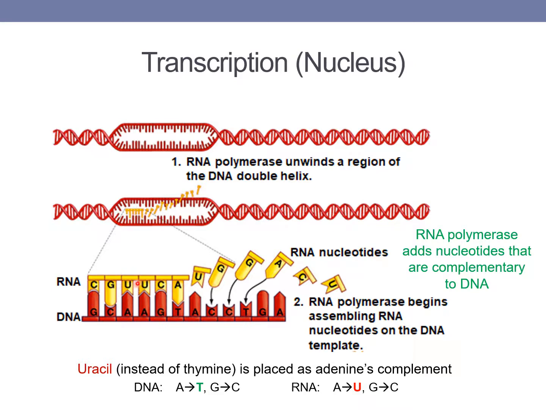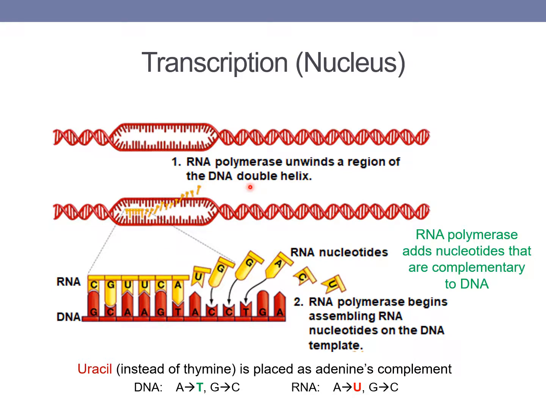There are just no thymines. And so that's why some people get a little bit confused about what bases they'll be seeing in RNA. Remember, there are adenines, guanines, cytosines, and uracils. Just no thymines. So wherever you would see a T or a thymine, you replace that with a uracil.